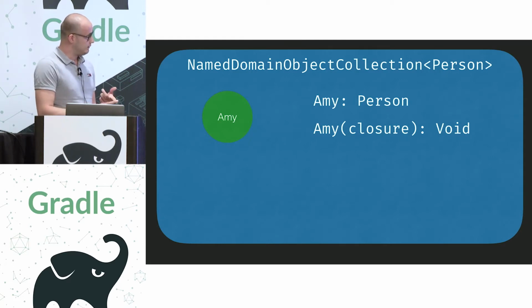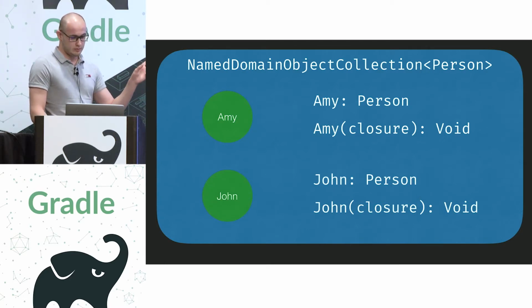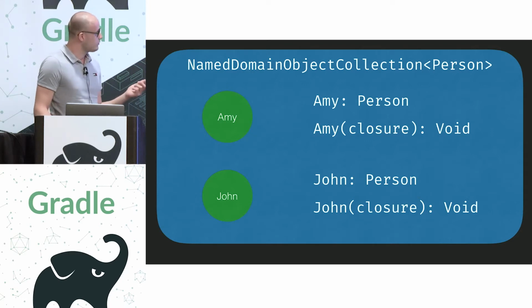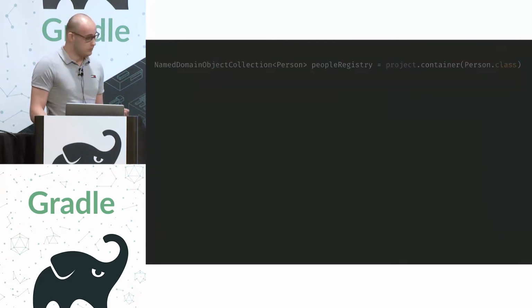And then we get a method with the name of the object that accepts a closure that configures the object that's inside. So if we add Amy and John, then now we can write container.amy and container.john, and we'll get their instances. We can also do that normally by calling just container.getByName or findByName, but we usually don't because we get this syntax, and why would we write more?